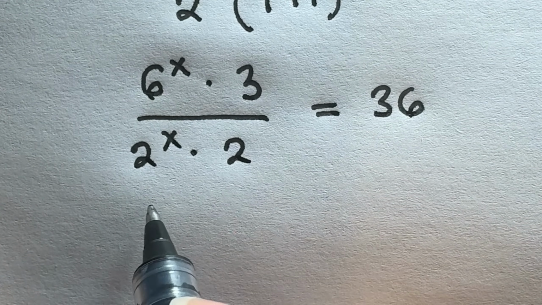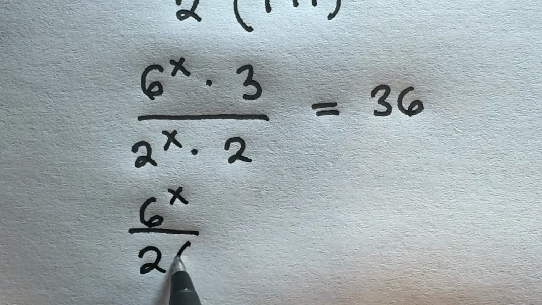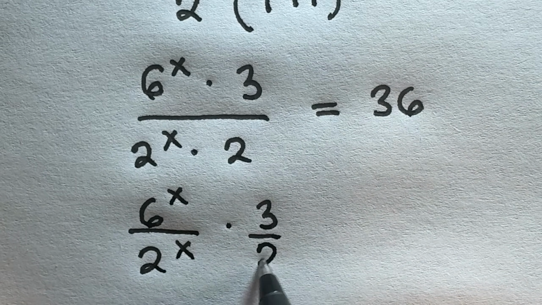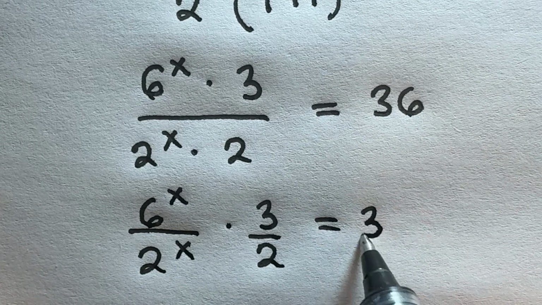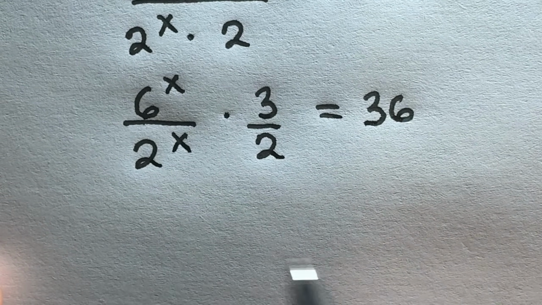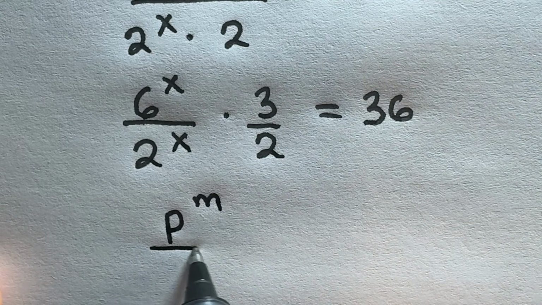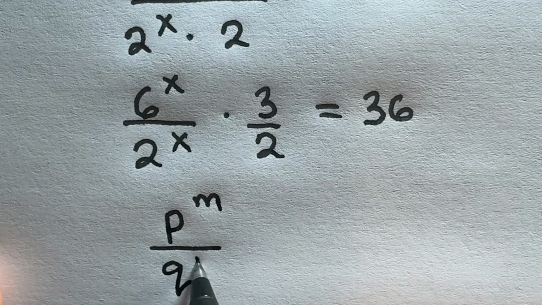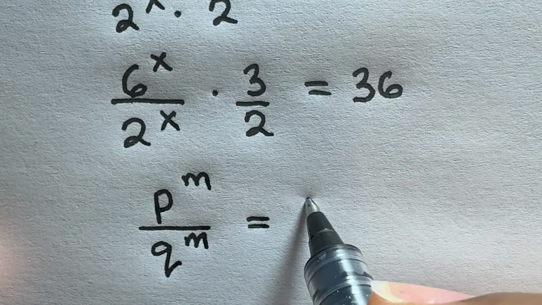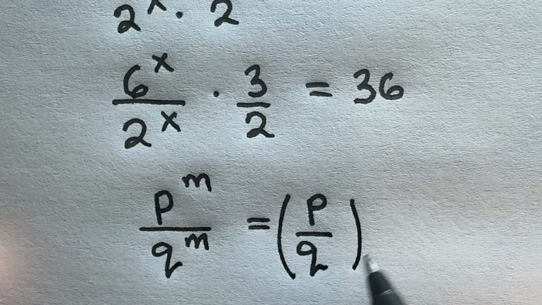We can write this as 6 raised to power x divided by 2 raised to power x times 3 divided by 2 is equal to 36. Then by law of indices, given p raised to power m divided by q raised to power m, since the powers are the same, this is expressed as p divided by q, then raised to power m.